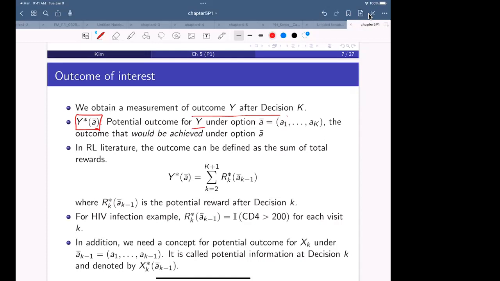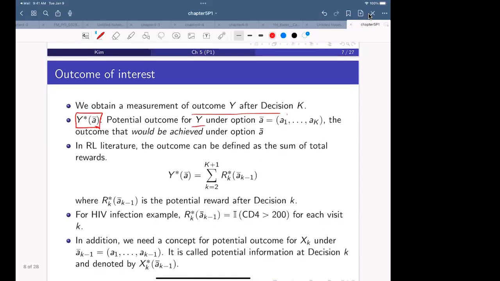Y is obtained at the end of the day, after all K visits, and then you get the final result, cured or not cured, something like that. In the reinforcement learning literature, it would be just a reward, a sum of the rewards. At each time you get some reward, and Y is the sum of the rewards.